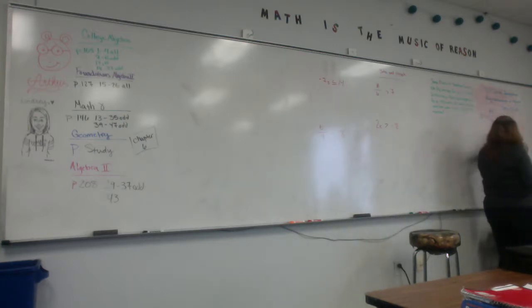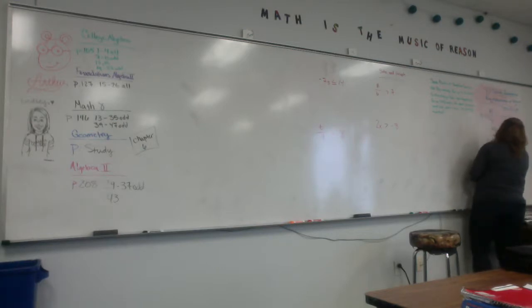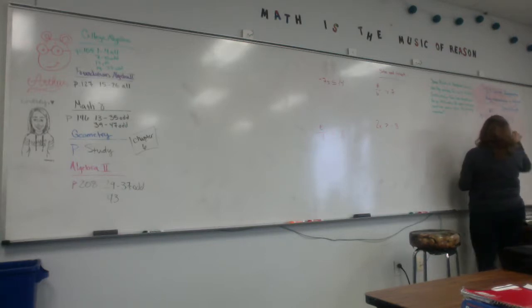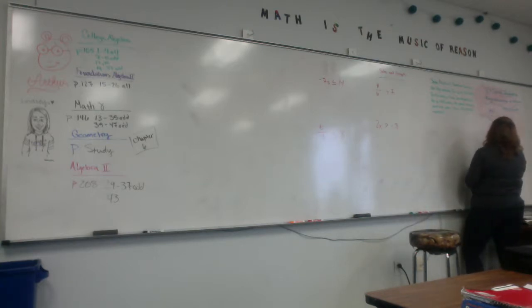So m is less than negative 9. Now, how do I graph m is less than negative 9? You would go to negative 9, and then you would go to the right. No, sorry, to the left. Okay, open or closed circle? Open. Okay, open circle and parenthesis or bracket?